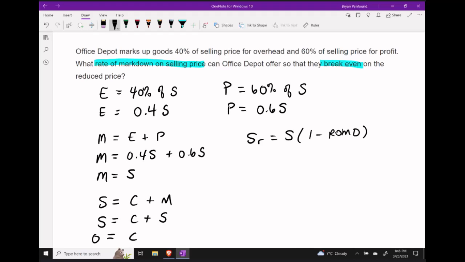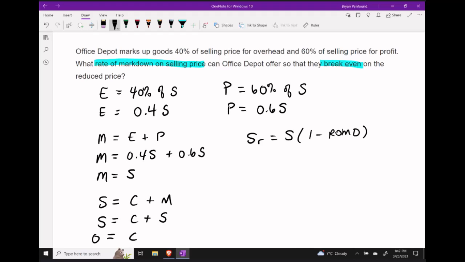So now that we have some of these preliminaries out of the way, let's take a look at actually trying to answer our question. We want to try to determine a rate of markdown on the selling price S so that we break even when we sell at the reduced price. So let's apply our rate of markdown formula.